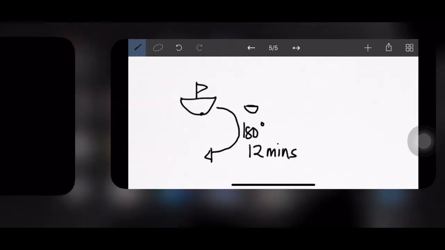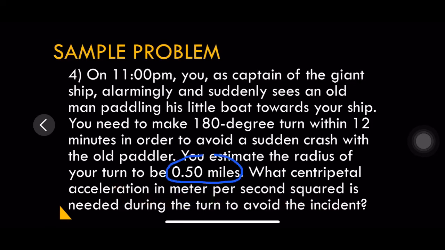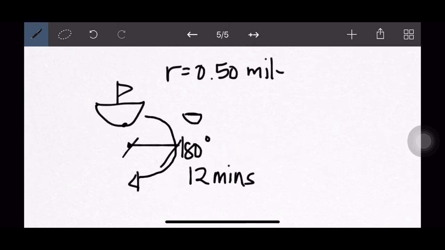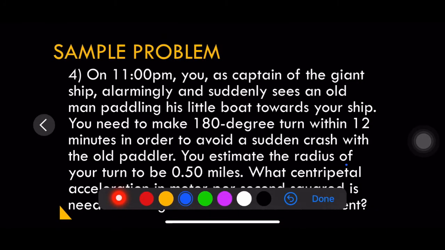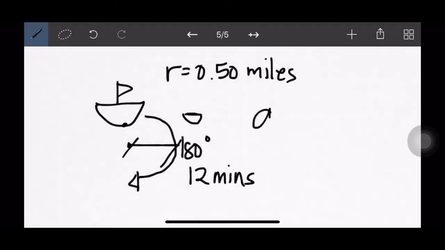You estimate the radius of your turn to be 0.50 miles. So the question is, what is the centripetal acceleration in meters per second square needed during the turn to avoid the incident? So AC is being asked here.